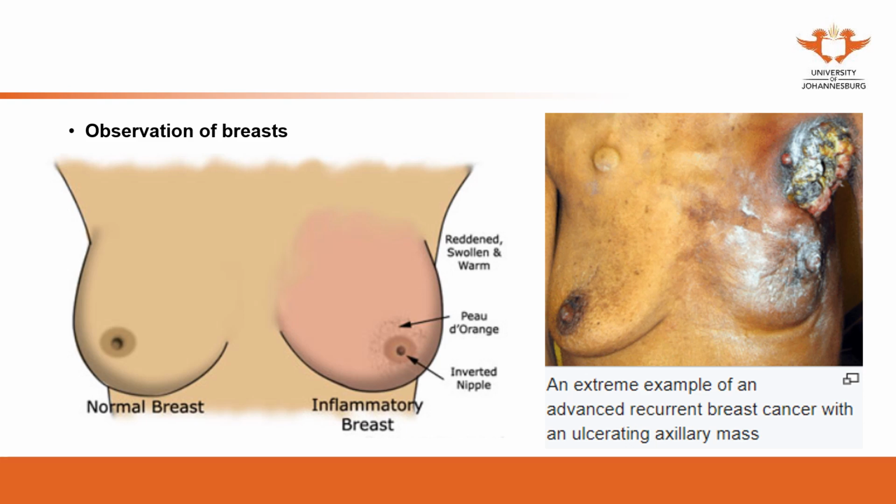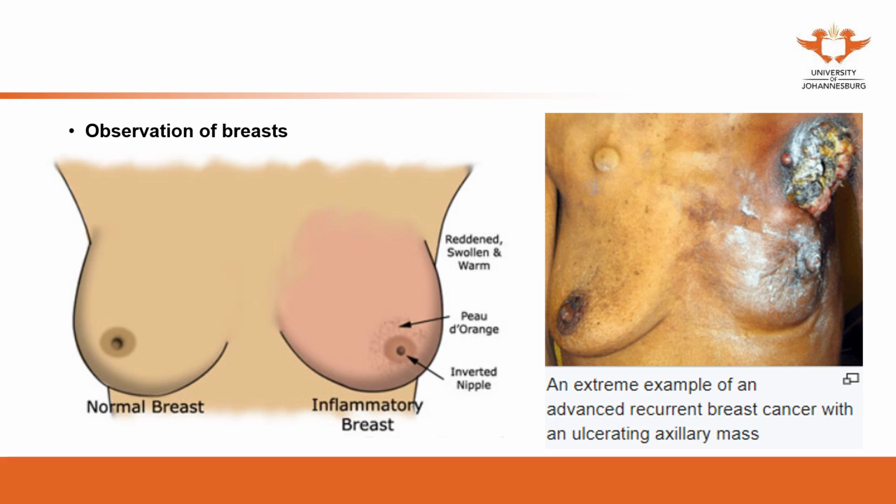So for the observation of the breast, if the breast presents with redness, swelling, warm feeling, it can be inflammation of the breast. This more commonly happens in ladies, especially in the period of breastfeeding.